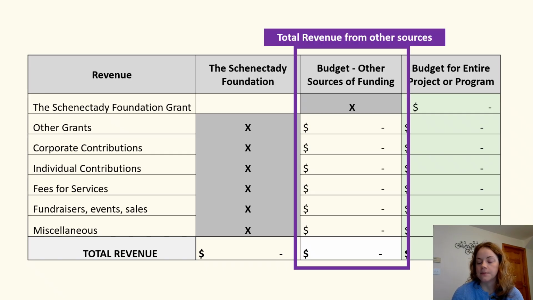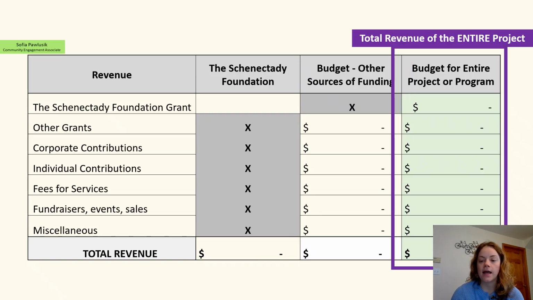In the other column, you're going to go through all your other revenue sources that we went over a little bit earlier, and you put all of those numbers in there, so that in that last column, they all will add up due to our formulas in this form. So you just plug in all of the numbers in those 2 columns, and then the last column will do all of the math for you.